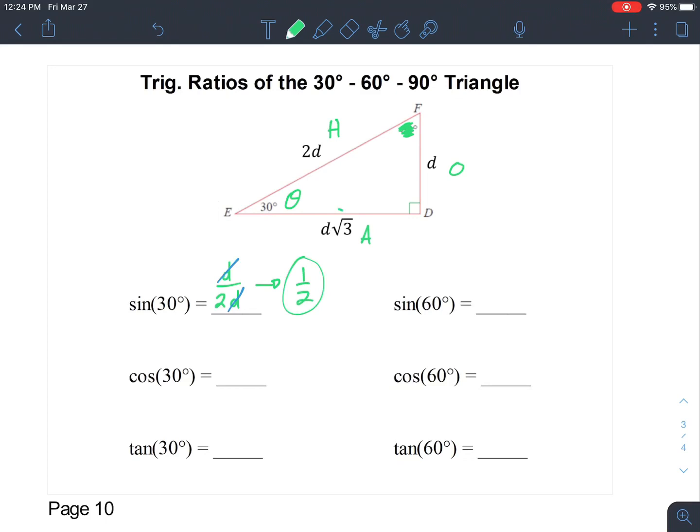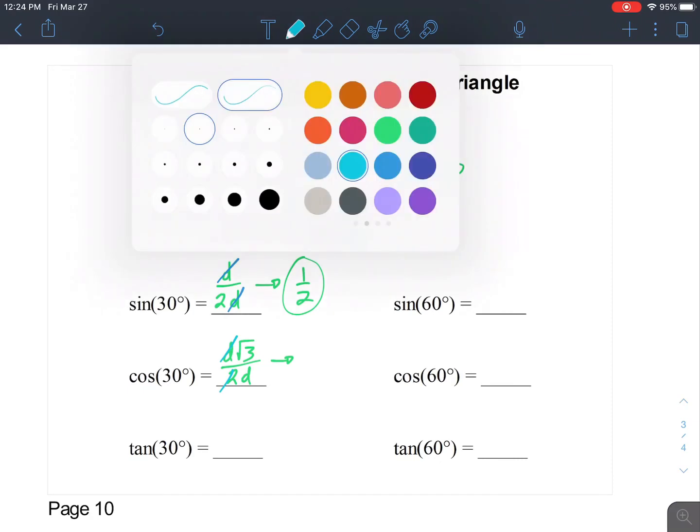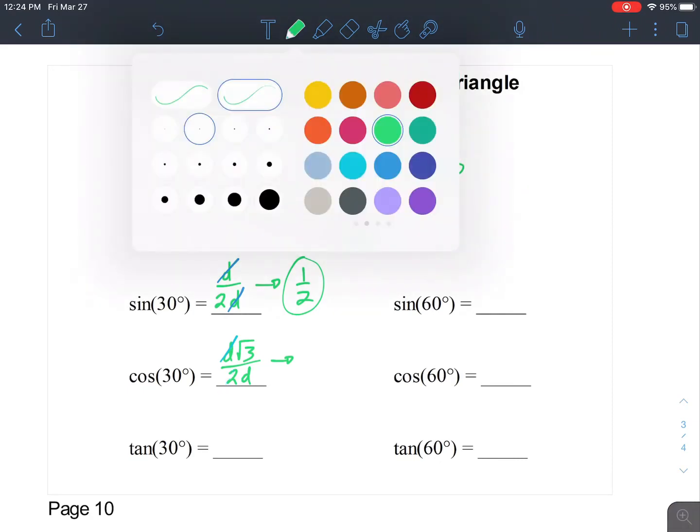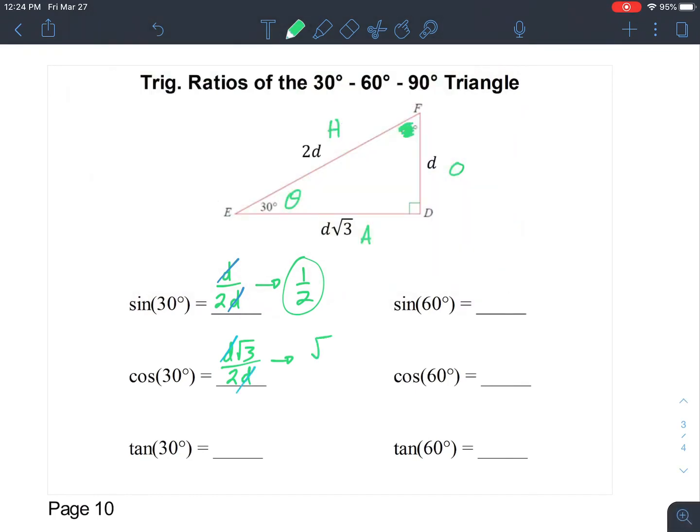Then we're going to do cosine of 30. We get d root 3 over 2d. Once again, we can cancel out the d on the top and bottom. And this one, oh, I canceled out the 2 there, sorry. There we go. And this time we will get square root of 3 over 2 for cosine of 30.